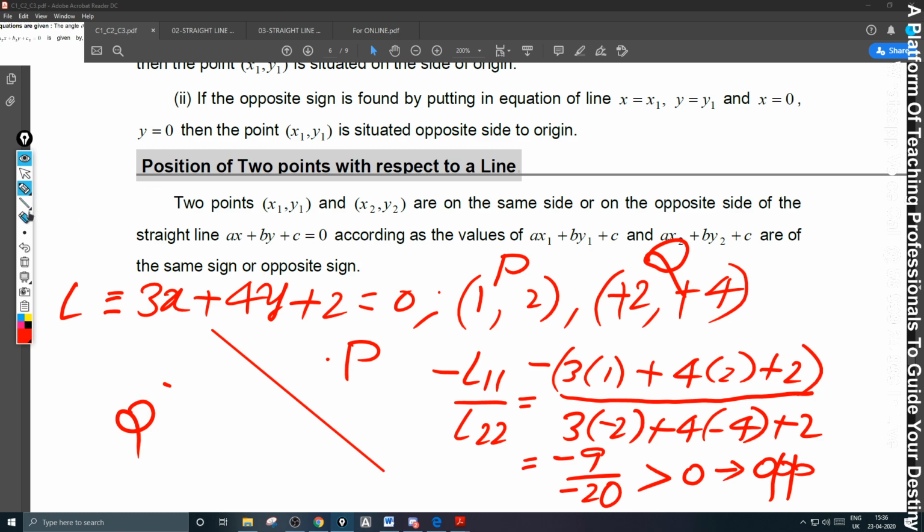Let me take another point R here, with the coordinates as you said, 2, 4.